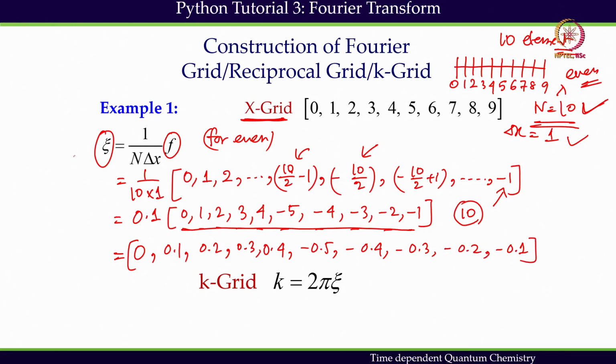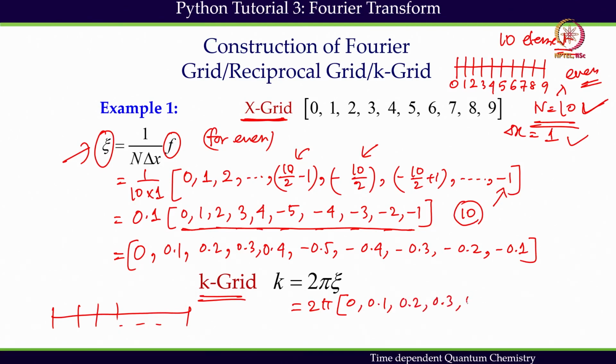So, once we get this xi, that is the spatial frequency components, then k grid points can be very easily obtained. Same k grid points we will be able to obtain by multiplying by 2 pi, which means 2 pi multiplied by 0, 0.1, 0.2, 0.3, 0.4, minus 0.5, minus 0.4, minus 0.3, minus 0.2, minus 0.1.